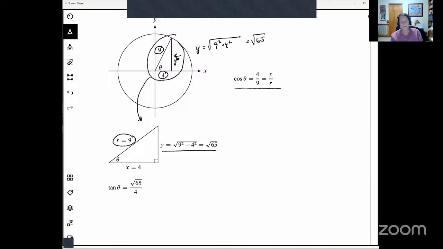So y divided by x, and that's simply the square root of 65 divided by 4. I could try to do some simplification here, but I don't think there is any.